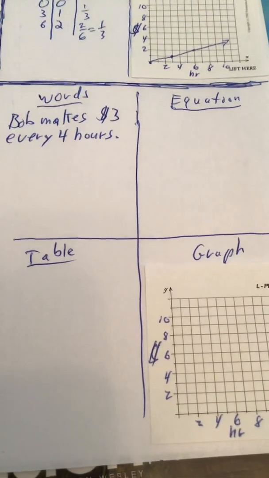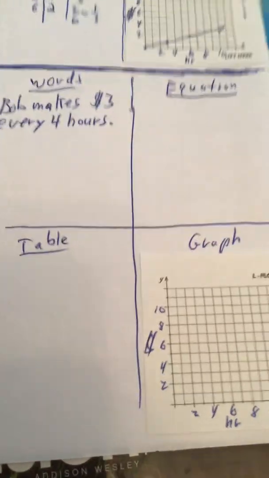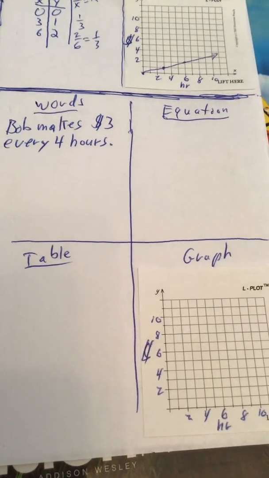And the last one here, number 4. This time I started you with the words. Bob makes $3 every 4 hours. So give me the equation, the table, and the graph. So hit pause.